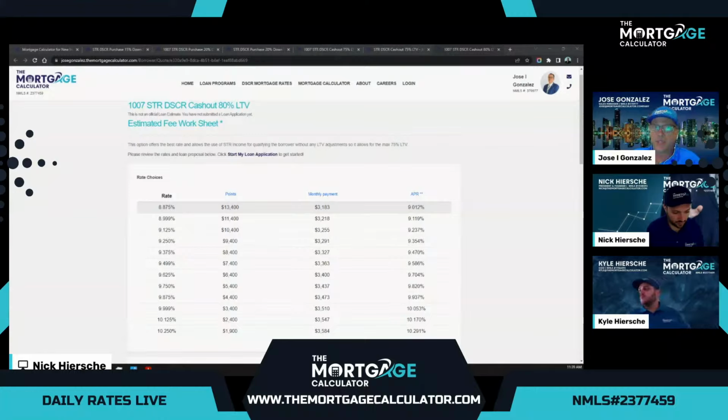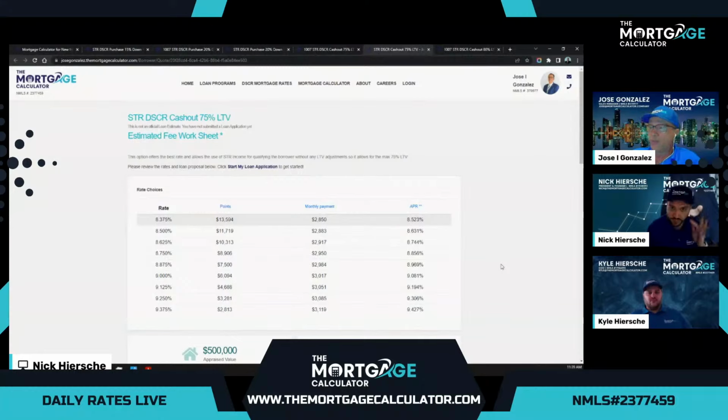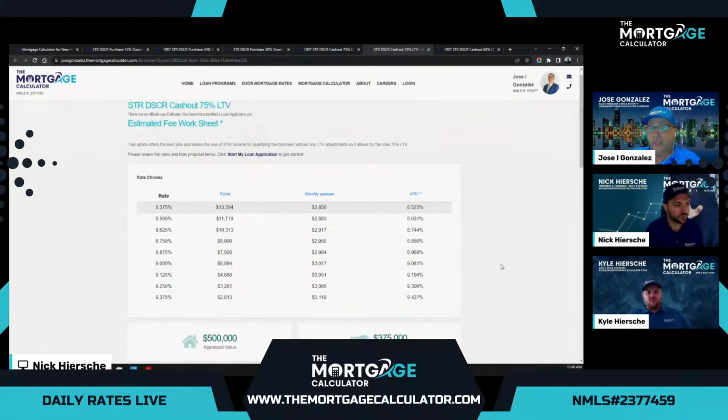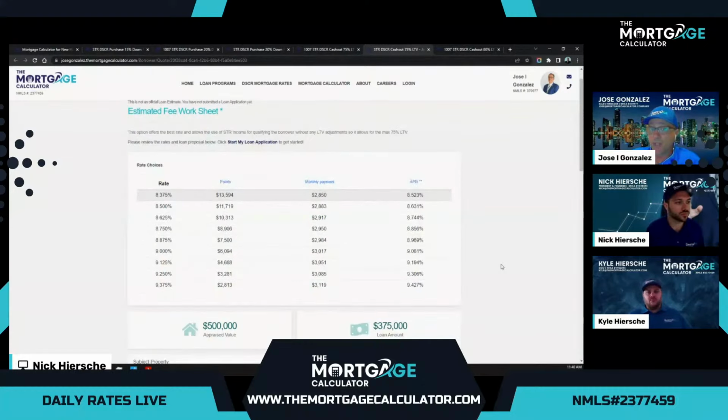So now, if we go to the 75% option, cash out for a short-term rental, this would be the best of both worlds, where we're possibly looking at that more expensive property where we need to capture the actual short-term rental income, either by putting short-term rental comps on the 1007, or by providing the last 12 months of short-term rental activity from your platforms, Airbnb, VRBO, HomeAway, etc. You provide the revenue report, and then they gross that up by 115%.